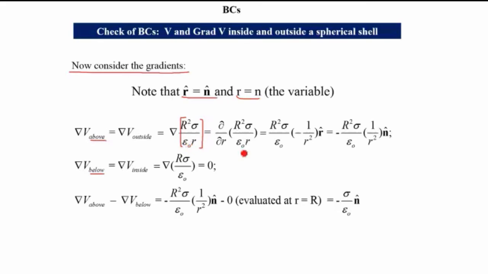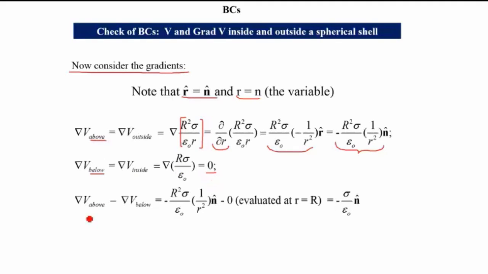This is in spherical coordinates, so what that turns out is simply the partial with respect to r. So take that, and we end up with this quantity here, which is equal to this quantity right here. The gradient above is equal to this. The gradient below, remember that V inside was a constant, so we get 0.